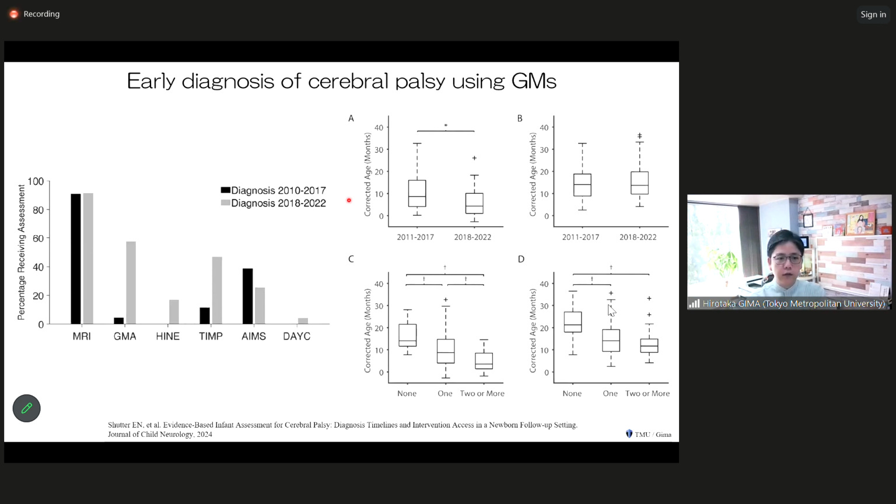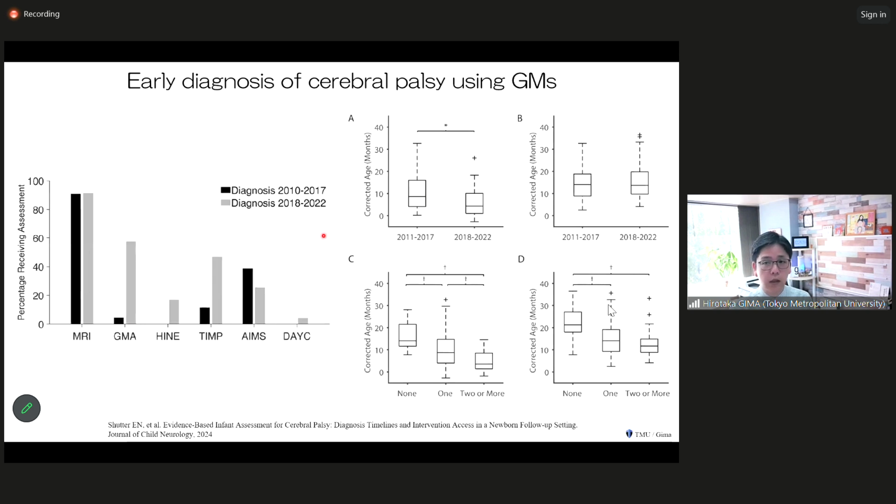The graph on the left shows the change in assessment methods used for early diagnosis of cerebral palsy before and after 2018. It can be seen that the use of the GM assessment has increased drastically since 2018.